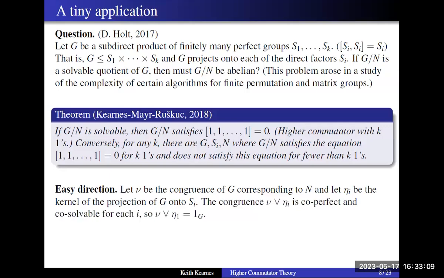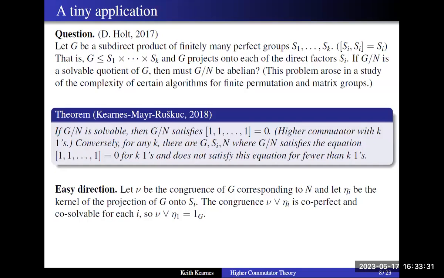Okay. Now, I'm going to introduce new language I don't think anybody else uses, but co-perfect and co-solvable. I will say that a congruence is co-perfect if you factor by it and get a perfect group. And it's co-solvable if you factor by it and you get a solvable group. Okay?